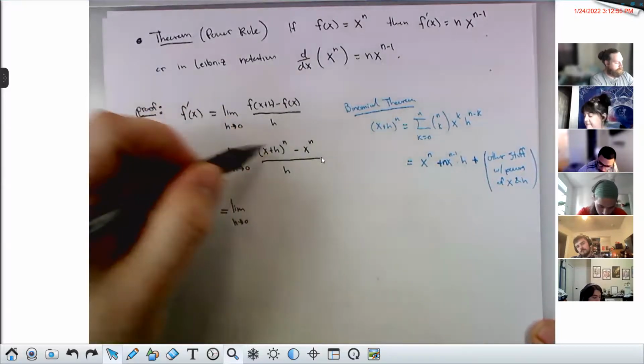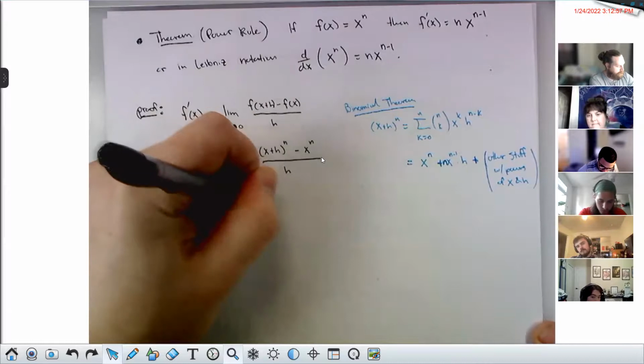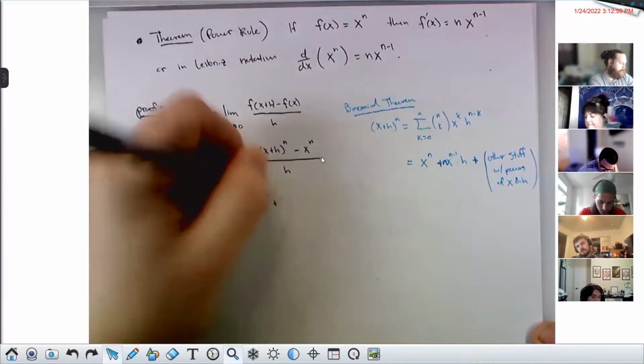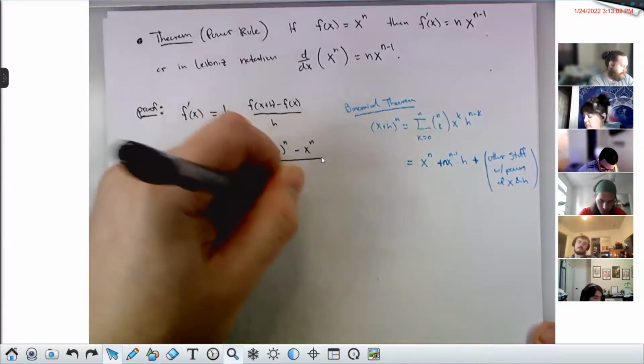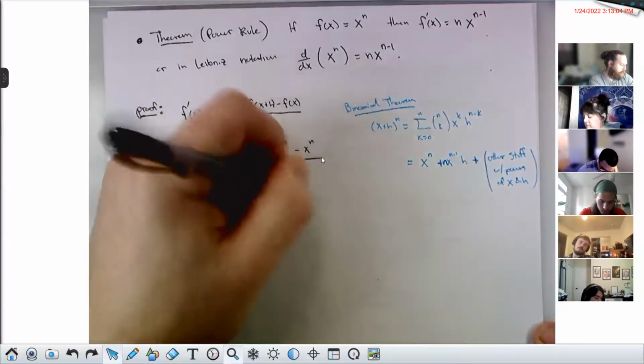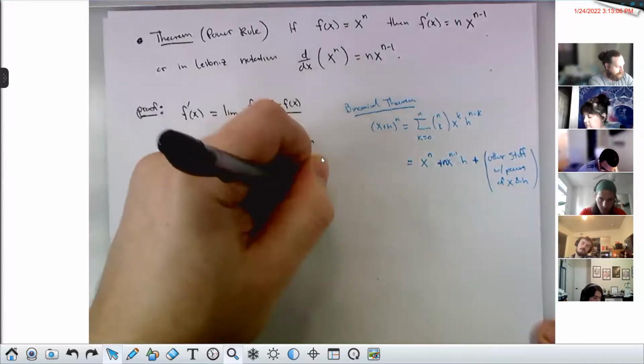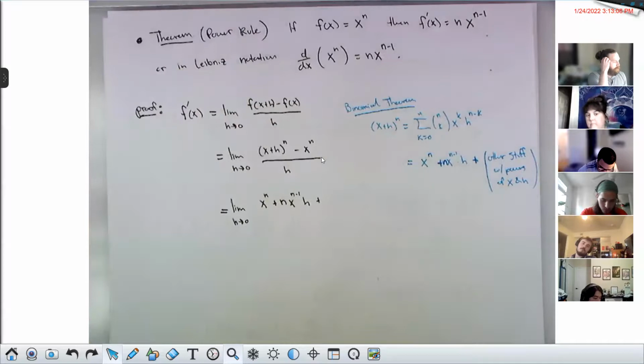As I expand this out, I'll get x to the n plus n x to the n minus 1 times h plus the next term here would be n choose n minus 1, choose 2, which is n times n minus 1.